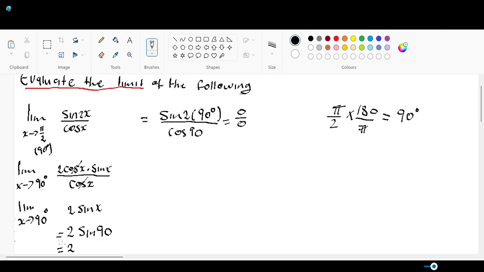You can substitute that pi over 2: it is 2 multiplied by sine pi over 2. It's also going to give you 2, but make sure that your calculator is in radians, so it should display R on top there. But anyway, this is the easiest way of doing it according to me.